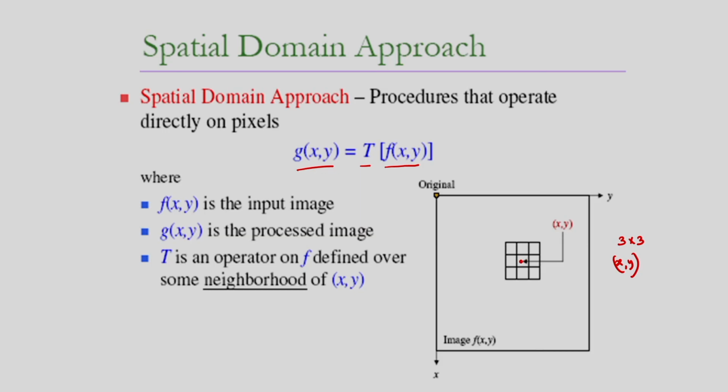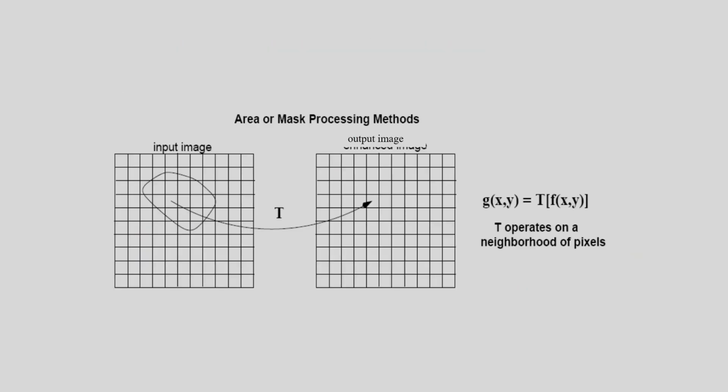And let us see how to do this operation. So again I am showing this one. I have the input image and I have the output image, and I am considering the neighborhood pixels. So these are the neighborhood pixels, and I am considering the mask, and I am getting the output image. The output image is g(x,y), f(x,y) is the input image, and T is the operation. That is the neighborhood operation I am doing.